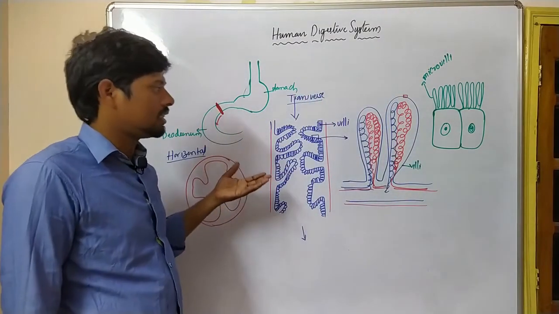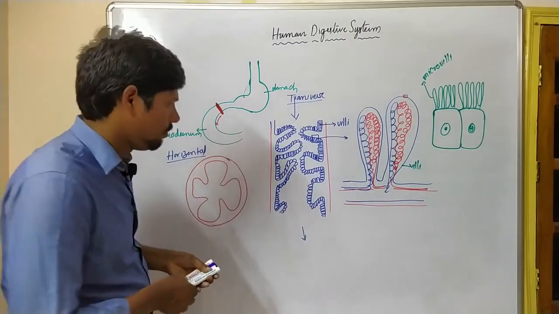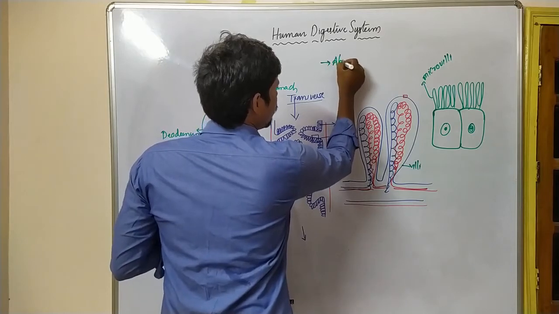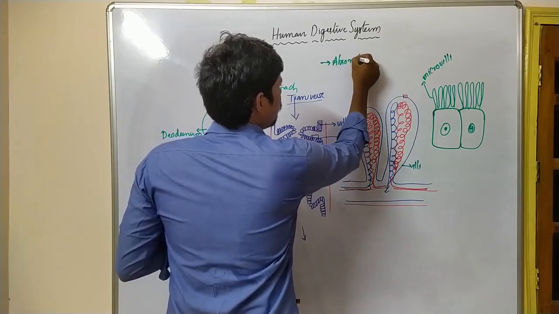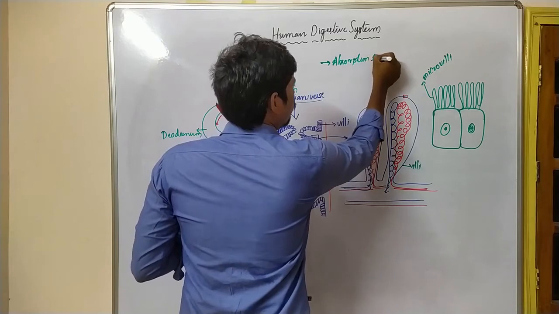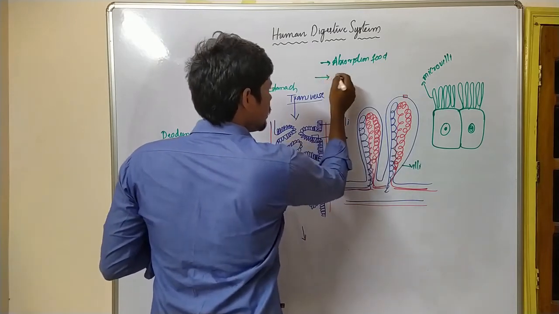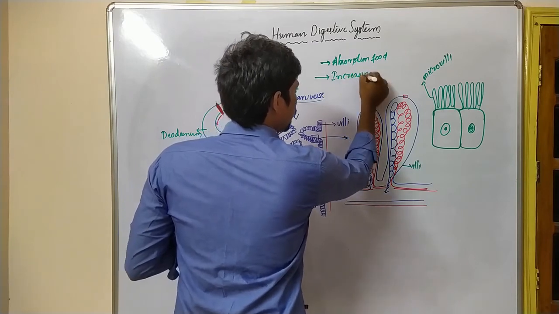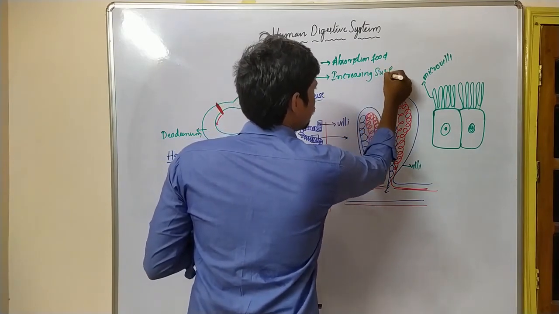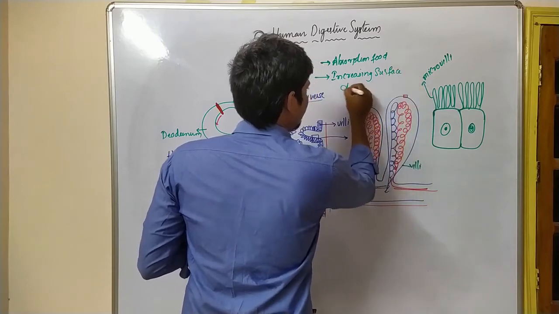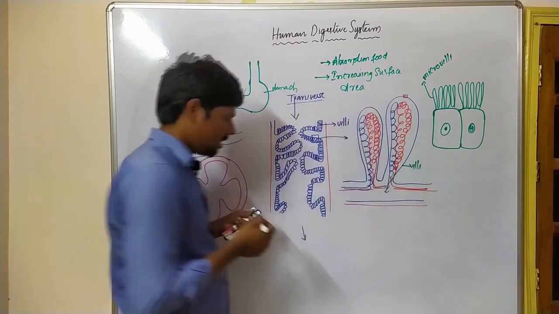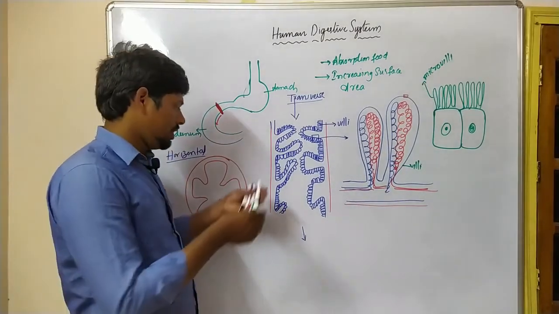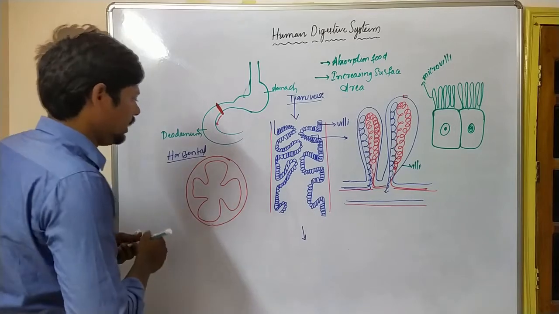All these foldings are very essential for the absorption of food, and also for increasing the surface area of the small intestine. Let us see how it increases the surface area.